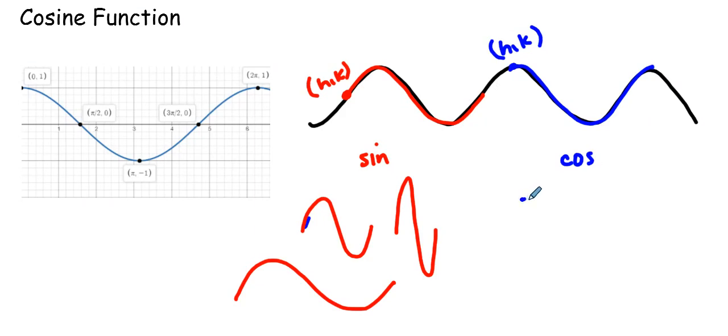I don't know if you want to call it a fancy U. That's what one cycle of the cosine function looks like. Or actually, if we start to manipulate negatives, we transform, it can also look something like this, the opposite. Okay, that's one cycle of the cosine function.